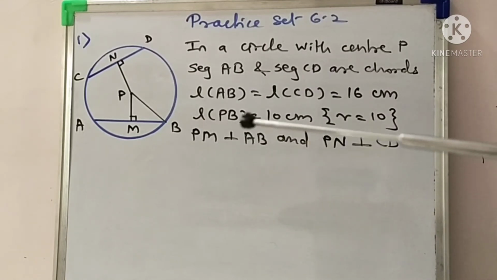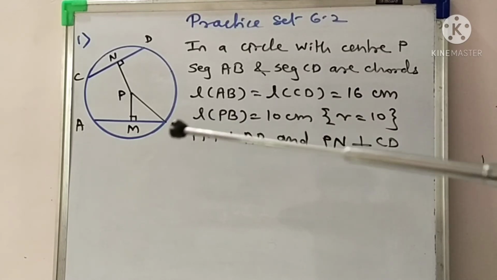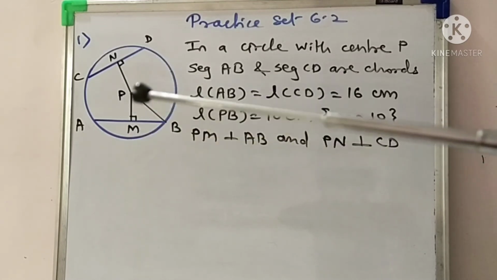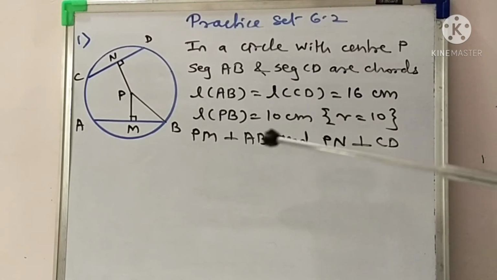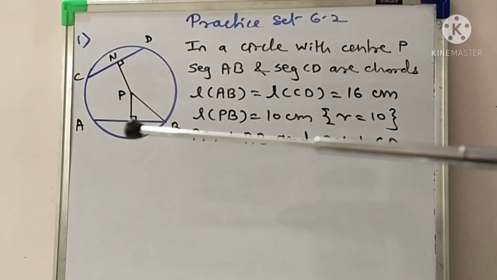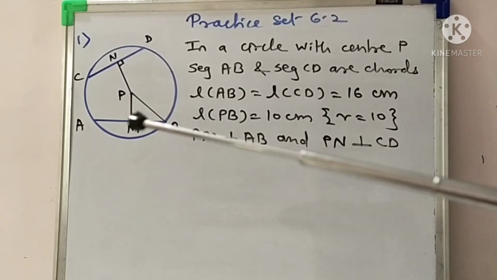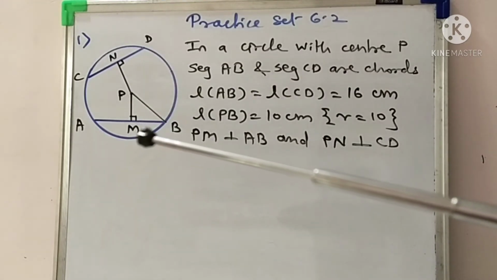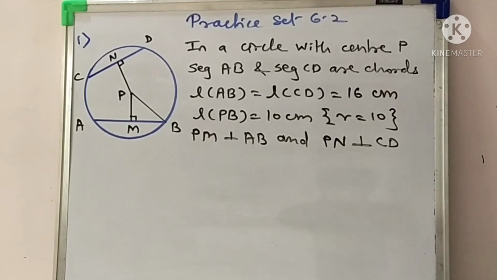But we know the property: if two chords are congruent, then the chords are equidistant from the center of the circle. Means if AB is congruent to CD, then PM equals PN, and we only need to find the length PM, which is equal to PN. And to find PM, students, we apply the Pythagoras theorem, because we know PB and MB.